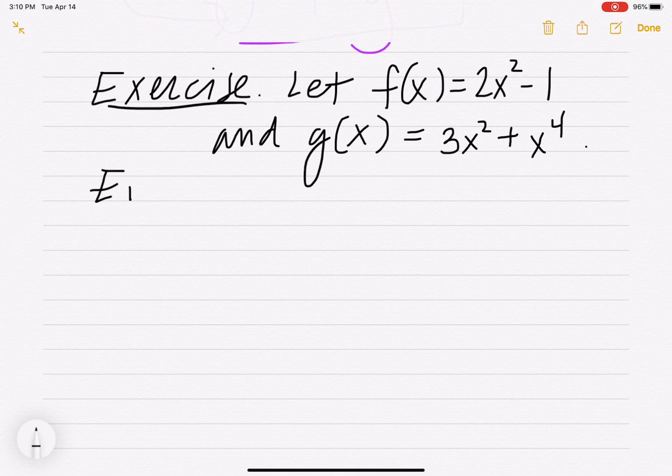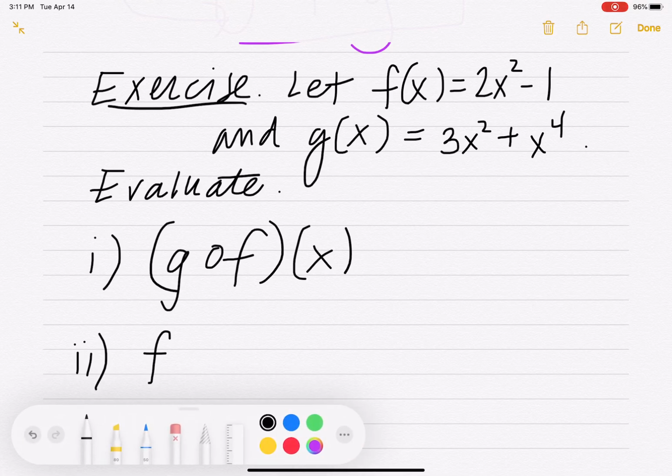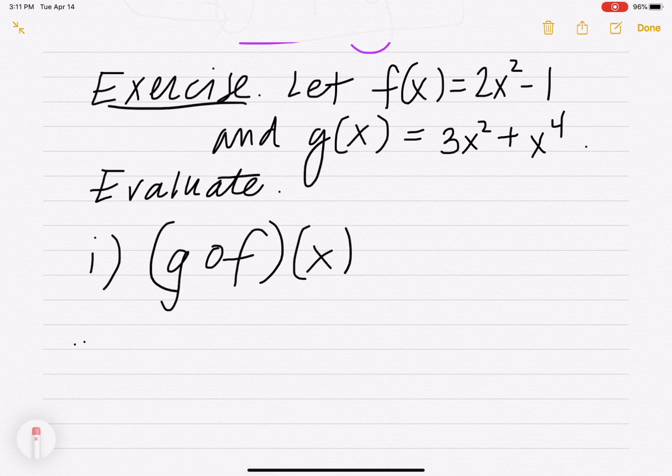Evaluate the following. 1. G circle f of x. 2. F circle G of x. Well, we'll do that one later. Let's just focus on G circle F.